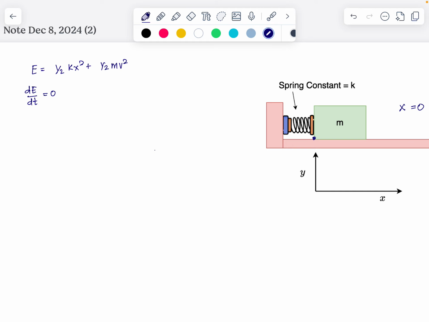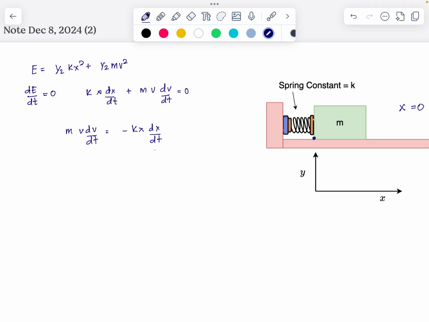If we carry out the computations, we see that k times x times dx/dt plus m times v times dv/dt is 0. Let's rearrange the terms some more: m times v dv/dt equals minus kx dx/dt.